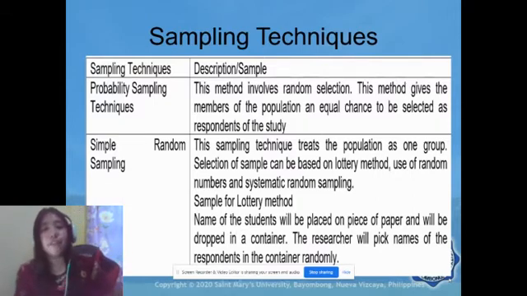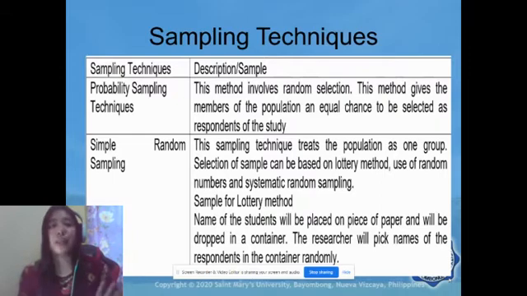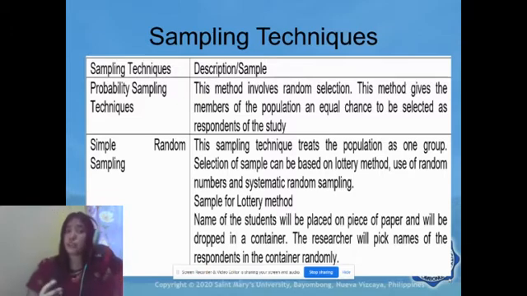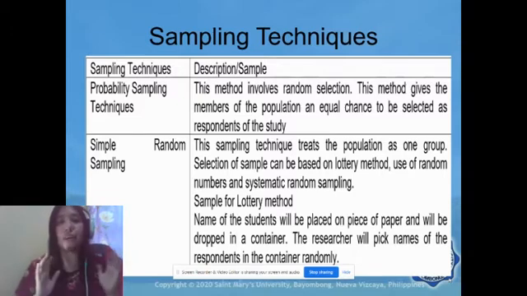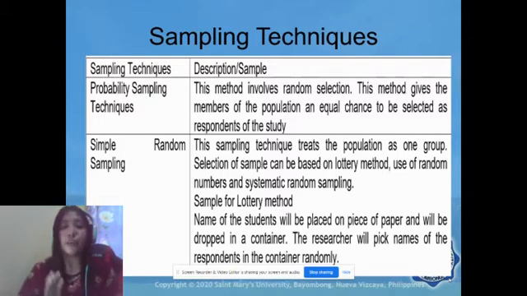So we actually have two major types of sampling techniques. That is the probability sampling techniques, which is also called random sampling because it involves random selection. It is used to avoid bias because each member of the population is given an equal chance to be selected as one of the respondents of the study.